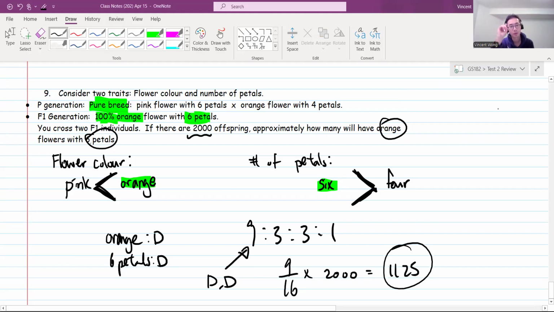You don't have to do the table, but you should explain your logic. Like I verbally explained to you why I know orange is dominant and 6 is dominant, right? Because these are the traits that show up in the first generation, and the parents are pure breed. So that's how you know. Does anyone have any question about this one?